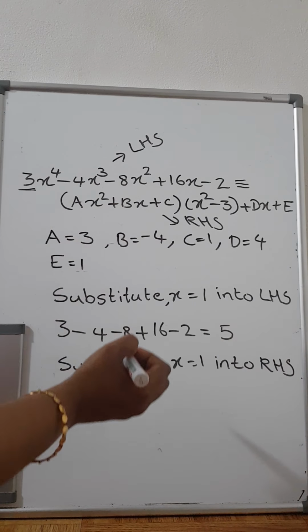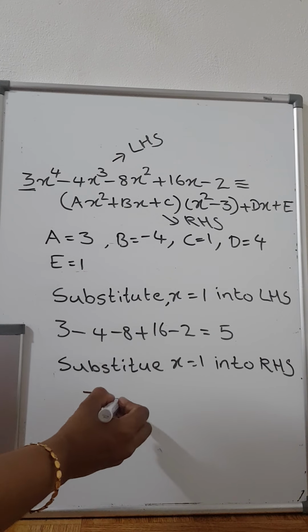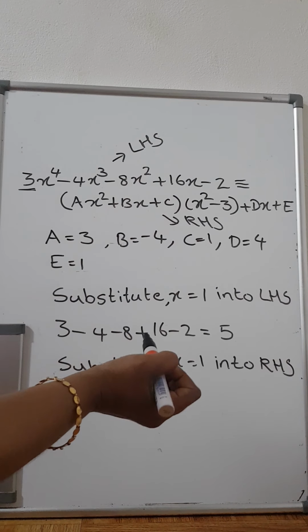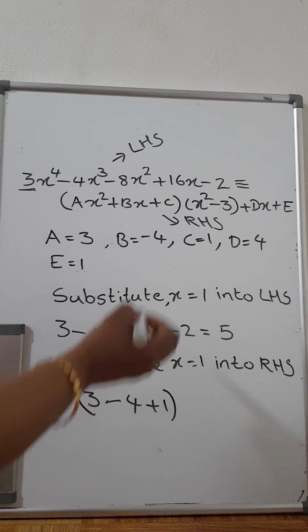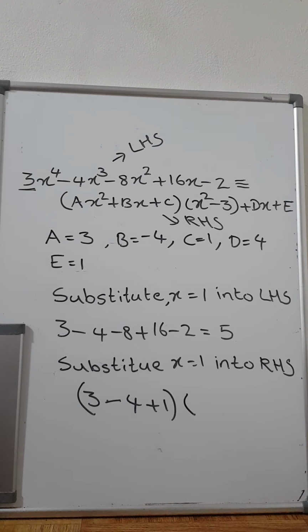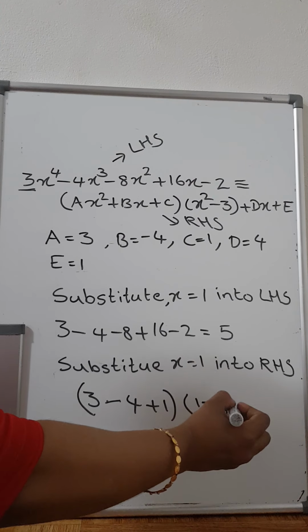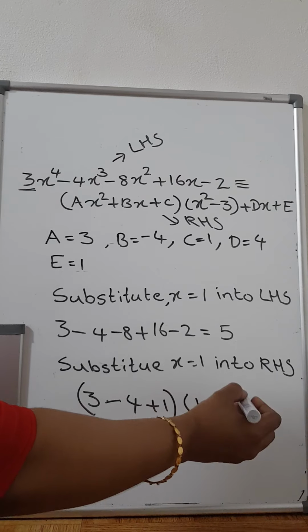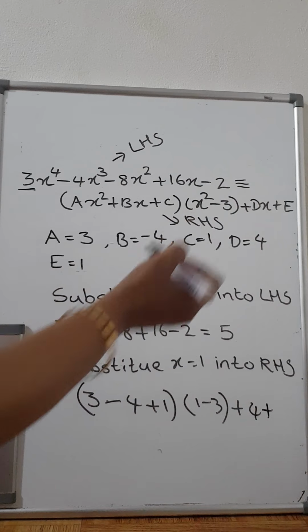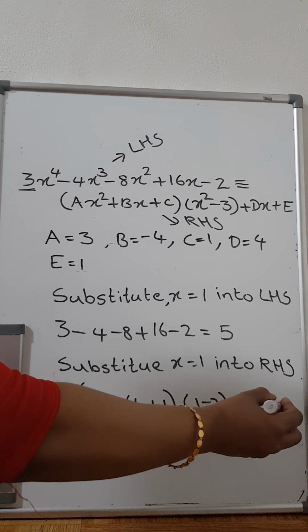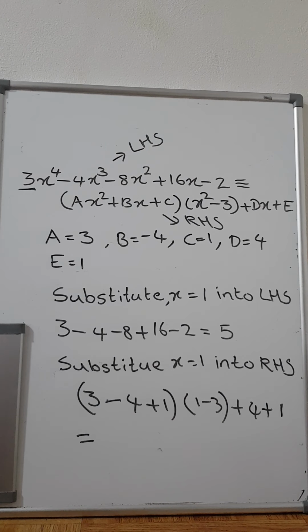Plus b times 1, b is minus 4 times 1, that's a minus 4. So 3 minus 4, plus c, c is 1, plus 1, times x square minus 3, that is 1 minus 3. Plus d times 1, d is 4, 4 times 1 is 4. Plus e, e is 1.